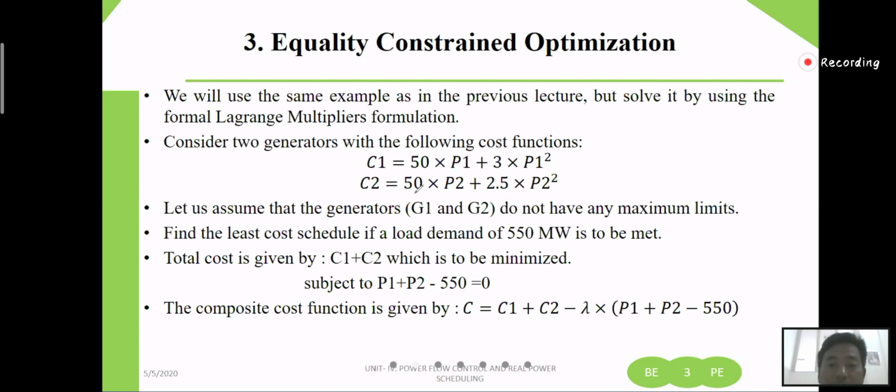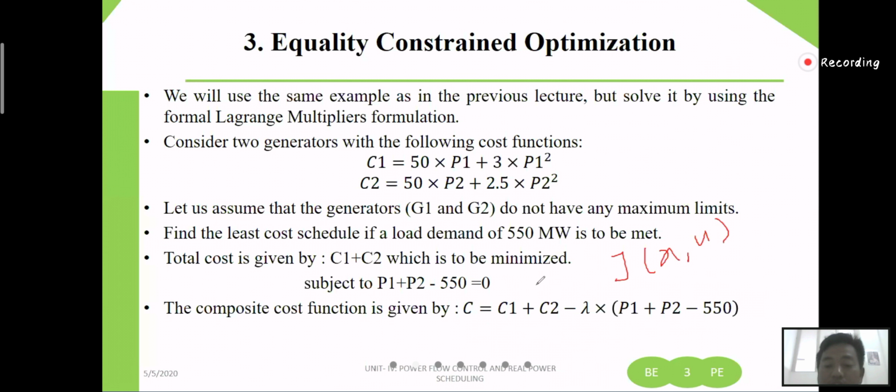This C1 plus C2 is J(x, u), the total cost, but it has to be minimized subject to the constraint that the power of generators 1 and 2 should equal 550 megawatt, or P1 + P2 - 550 = 0.